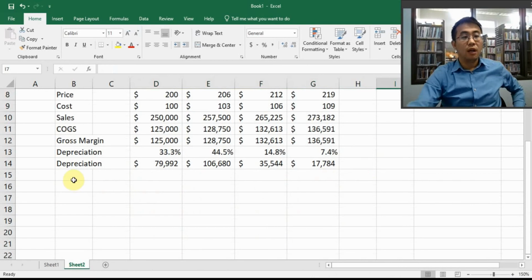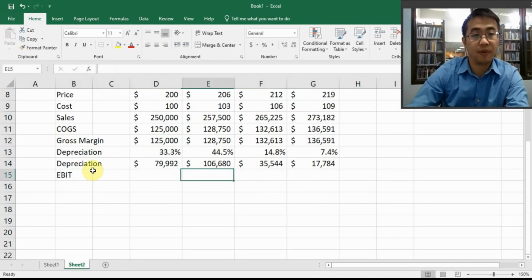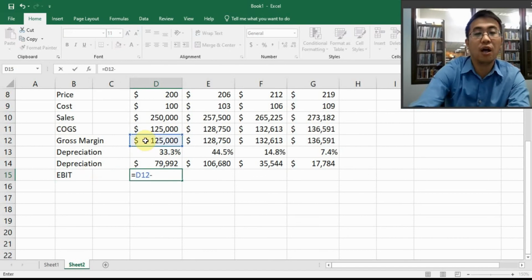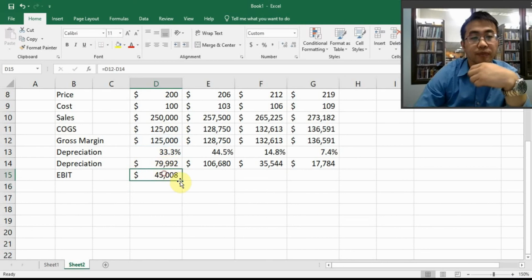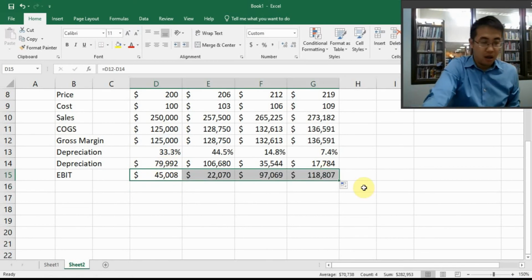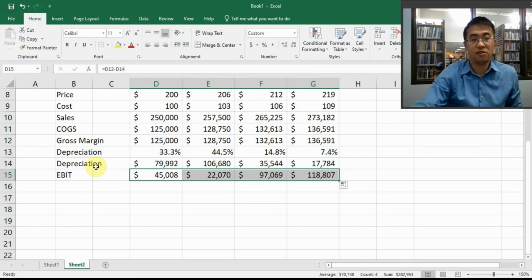Okay, and then I would end up with EBIT, which is the operating profit. So I use the gross margin minus the depreciation expenses. There's no fixed cost. There's no selling and administrative expenses. So there's no fixed cost. But in some other cases, I would give you fixed expenses.